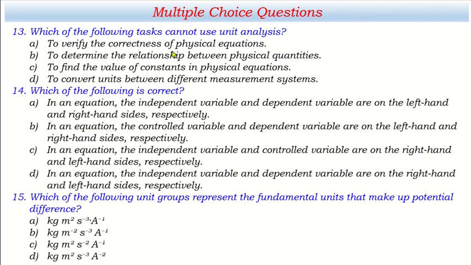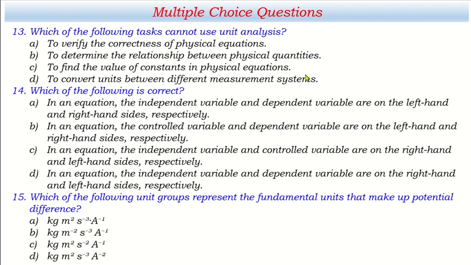To verify the correctness of a physical equation, we use unit analysis, so this is not the correct option. To determine the relationship between physical quantities, yes, for this purpose also we use unit analysis. To find the value of constants in physical equations, this is incorrect. With the help of unit analysis, we never get the value of a constant.